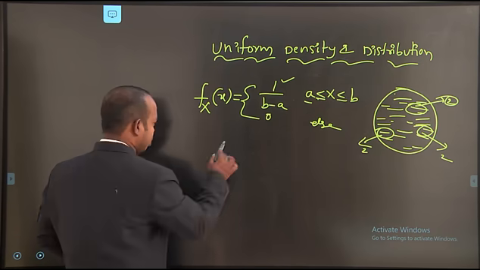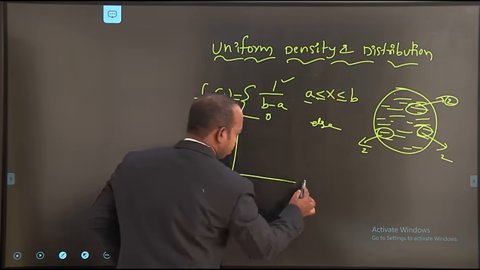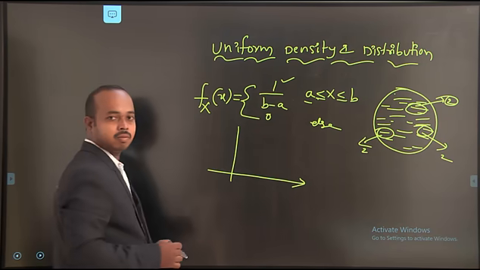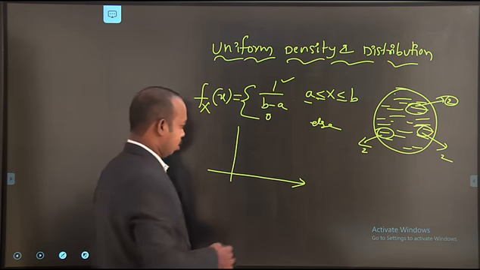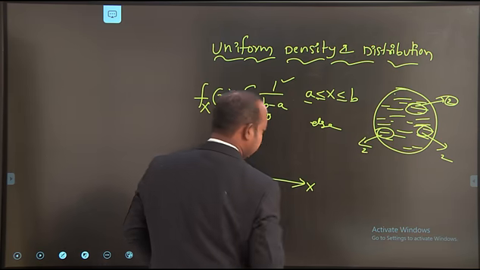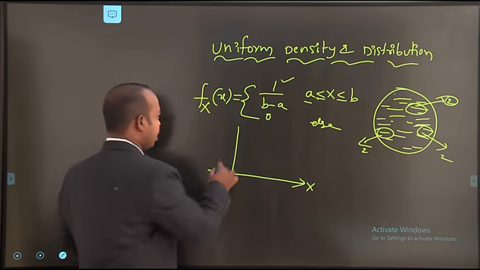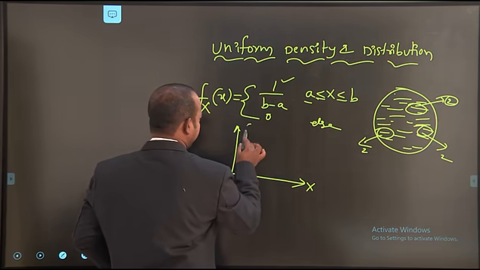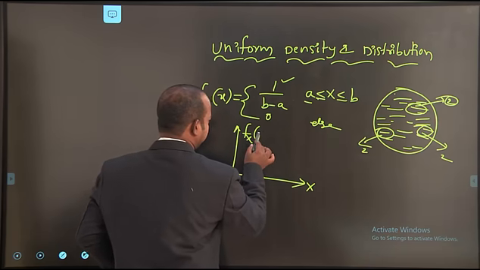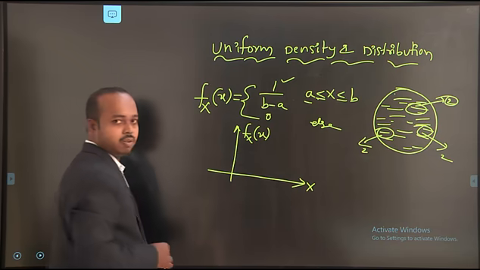The graphical representation: in the horizontal direction I am taking the x value, where X is the random variable. In the vertical direction I consider the density function f_X(x).